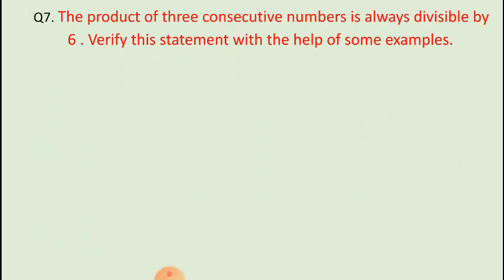So here we need to find the product of three consecutive numbers. Okay, and as per the question, the product when we take three consecutive numbers is always divisible by 6. So this statement we need to verify by taking help of some examples.